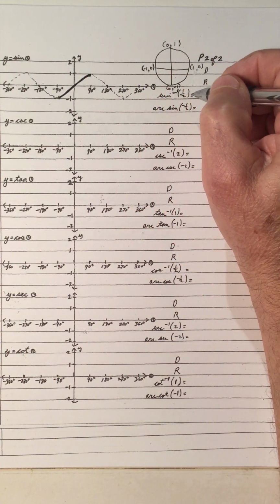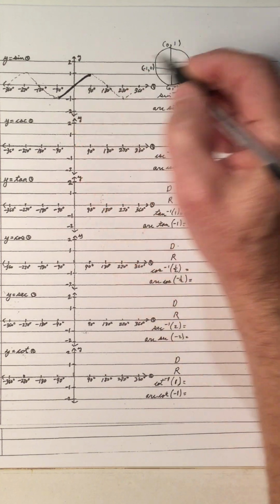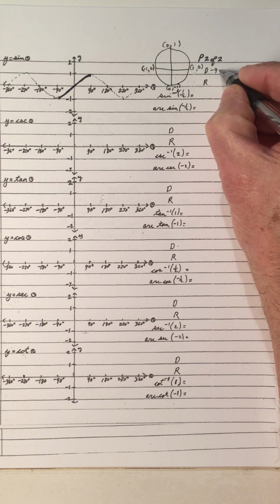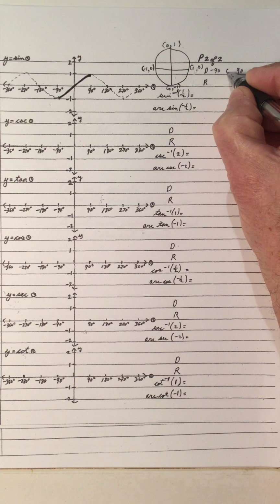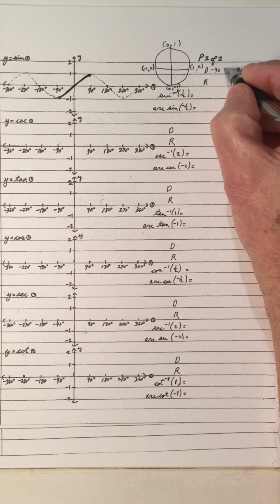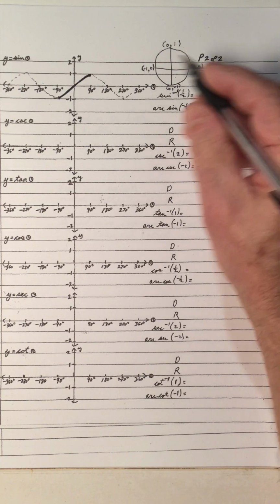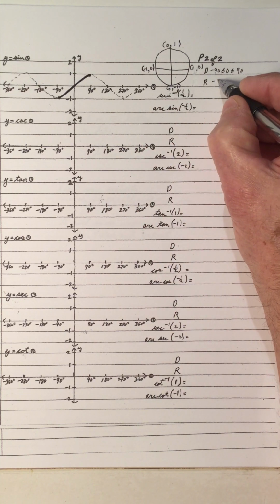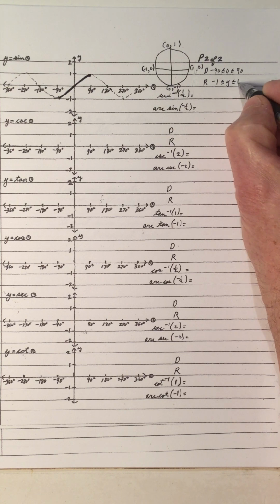So the domain is from negative 90 to 90, that is, negative 90 is less than or equal to theta, less than or equal to 90. And the range is negative 1 less than or equal to y, less than or equal to 1.